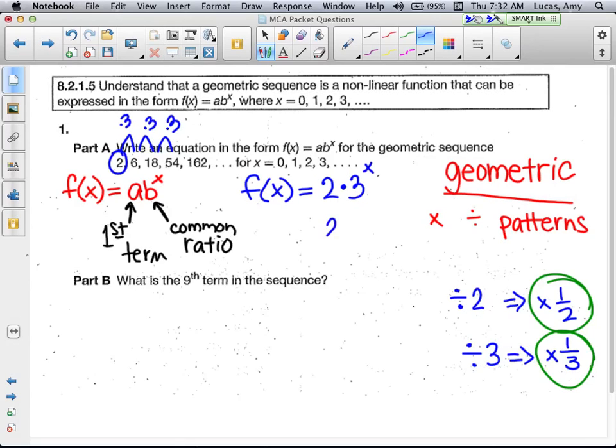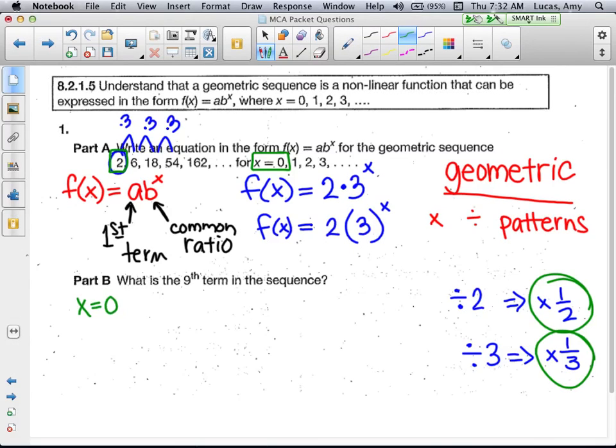You may also see this written with parentheses, especially if it was multiplied by a negative number. So either way, you could write that general form. Now, what is the 9th term in the sequence? Just like I explained on the previous example, when x equals 0, you get your first term.